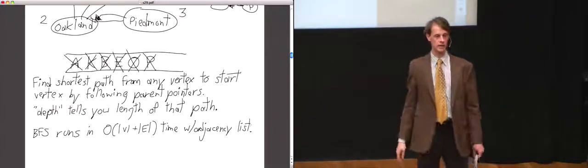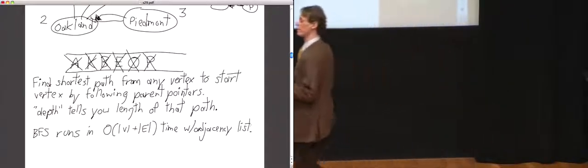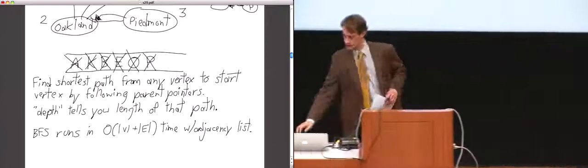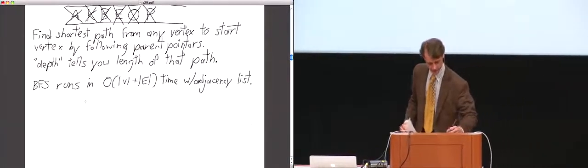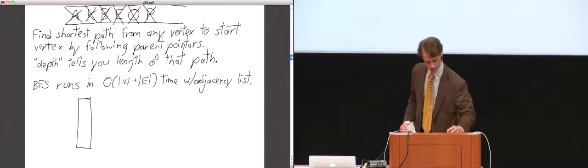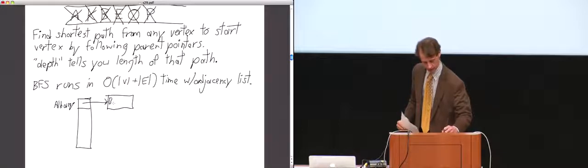Adjacency lists I talked about last Wednesday. They are the data structure where, for each vertex, you store a list of all of the other cities that it's connected to.